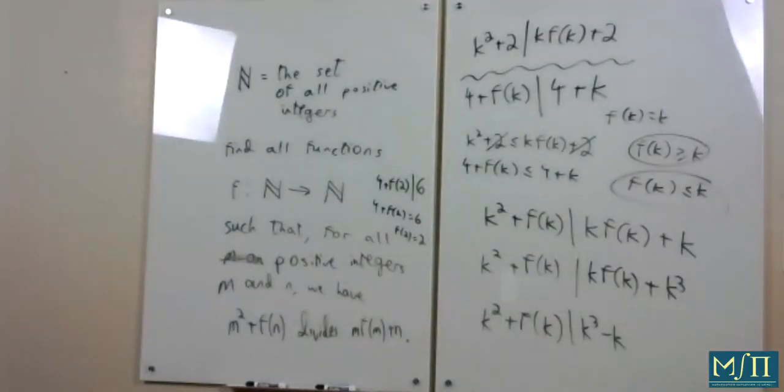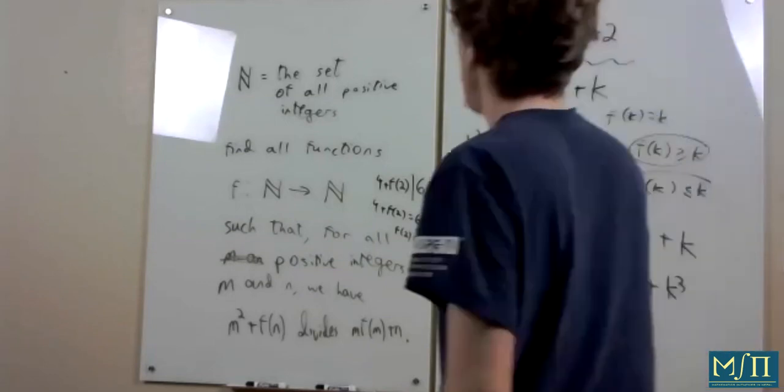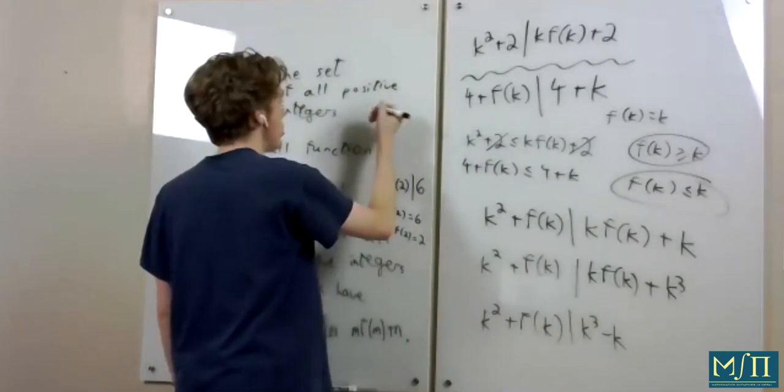When you put m equals 2 and n equals k, then the 4 cancels out, right? Then where does the inequality come from, that f(k) might be smaller than k also? Oh, so basically what we're just doing is using some very simple inequalities: any divisor of a positive integer is at most that integer.